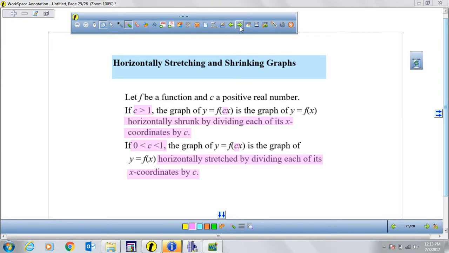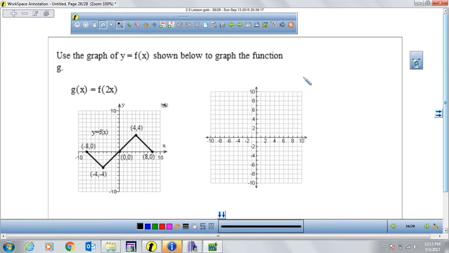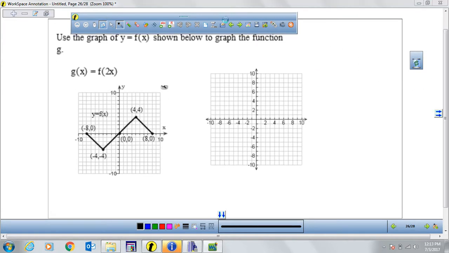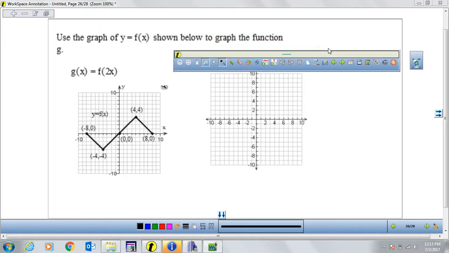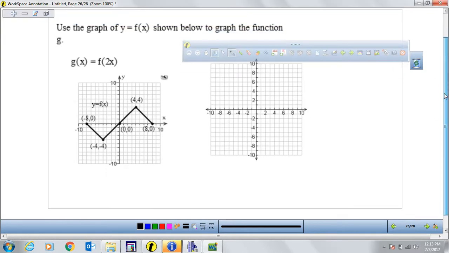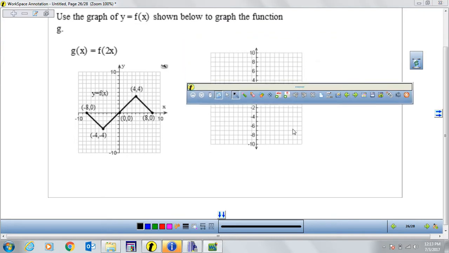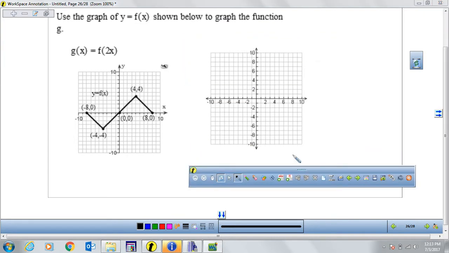So let's work on the last transformation, and this is going to be my last question here. We're going to use the graph of f of x shown below to graph the function g of x equals f of 2x. Use the graph of y equals f of x below to sketch the graph of g of x.